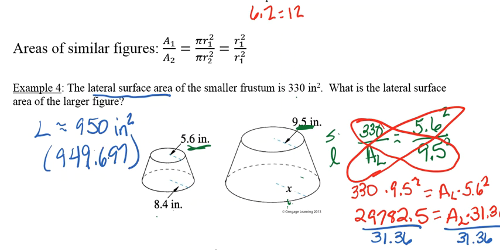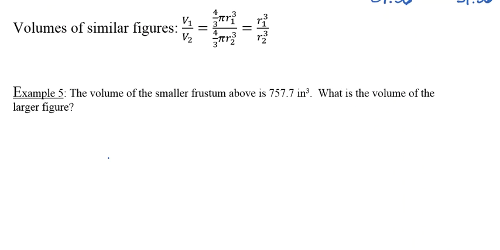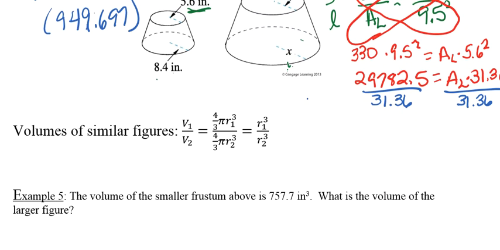So I can do that with areas, and similarly I can do it with volumes. But since volumes are things that are cubed because you're filling in 3 dimensions, notice that the r's are cubed in this case. And the smaller numbers are just telling us if we're doing shape 1 or shape 2. The volume of the smaller frustum is 757.7. We're using the same frustums as up here.